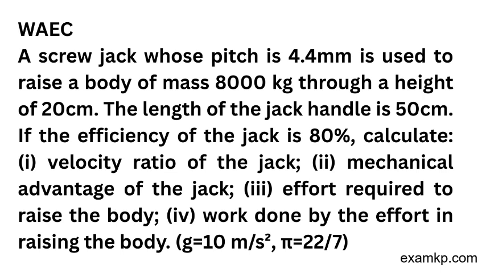So that's 0.80 times our big VR, which gives us an MA of about 571.4. Next, the effort. First, we need the load, which is mass times gravity. 8,000 times 10, that's 80,000 newtons. Now, we just divide that huge load by our MA, and we find the effort needed is only about 140 newtons. Amazing, right? It's just following the steps.